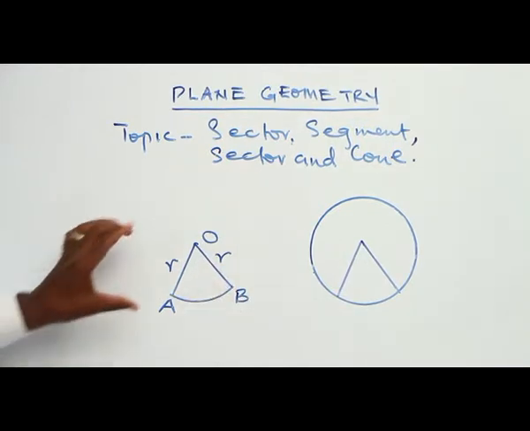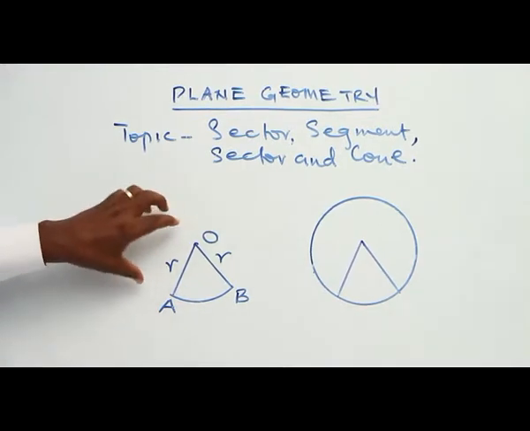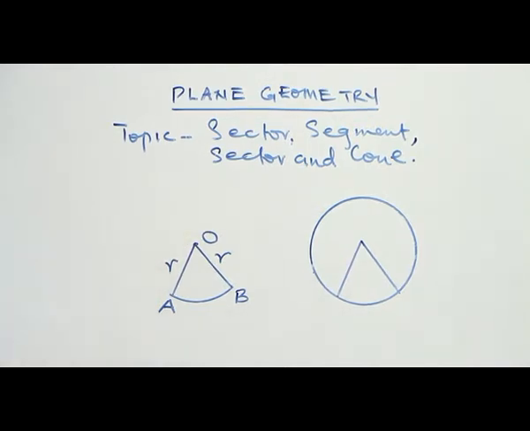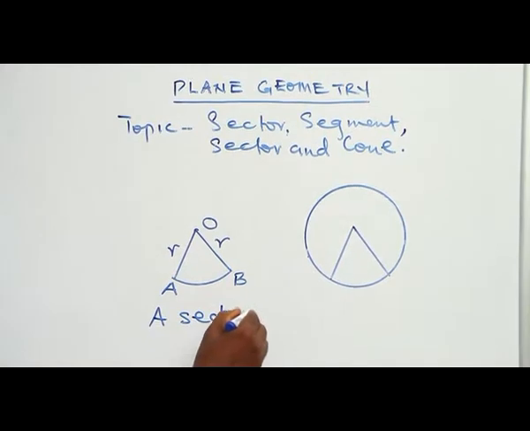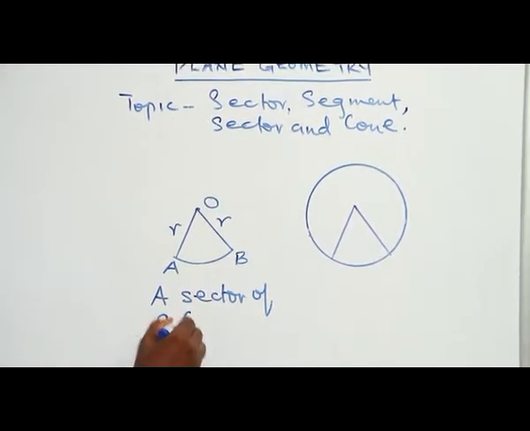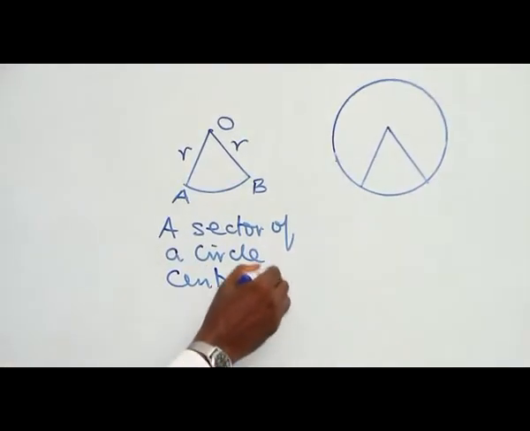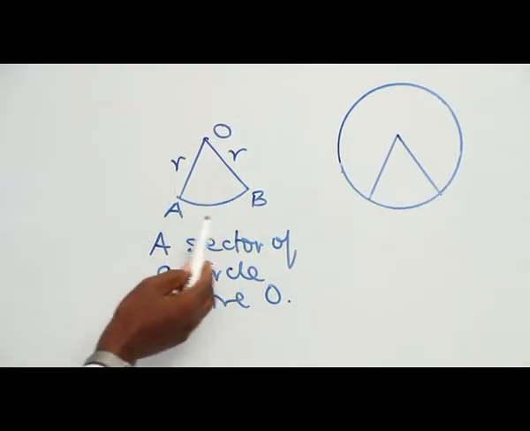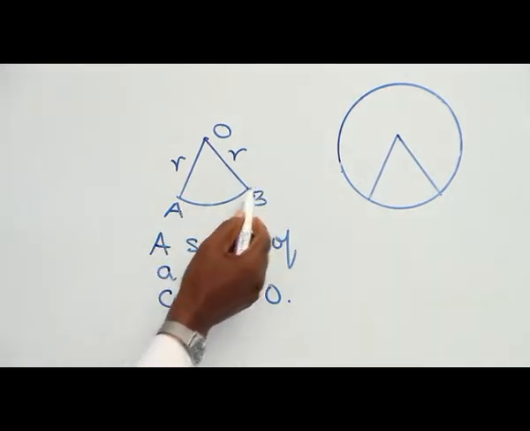So I now have a shape here, which is part of the original circle that has the center O. This shape you see here is what we refer to as a sector of a circle, center O. You now realize that a sector is bounded by two radii and an arc.